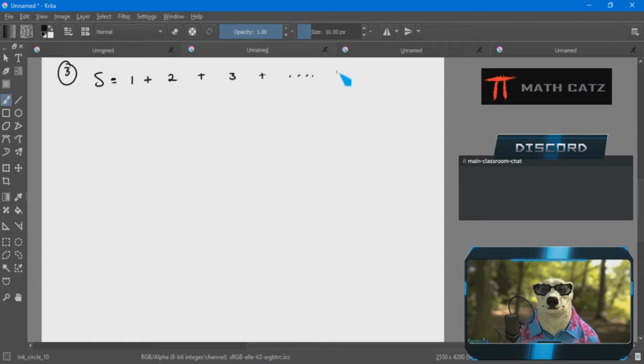So we're going to end with the last number. Then our strategy is the same. We're going to double up. So now we're flipping everything, and the last one is written first. The first one is written last.